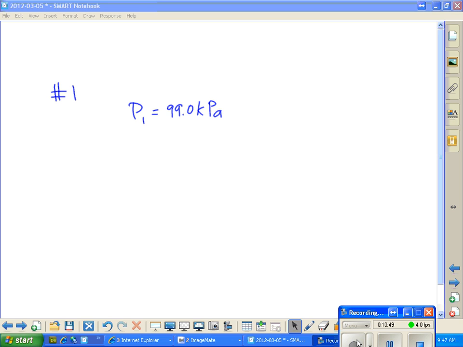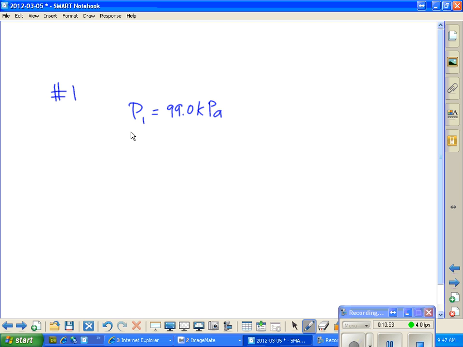So now we're looking at volume, and the volume one is equal to 300 mils. Now, what's pressure 2? Now, is increased.